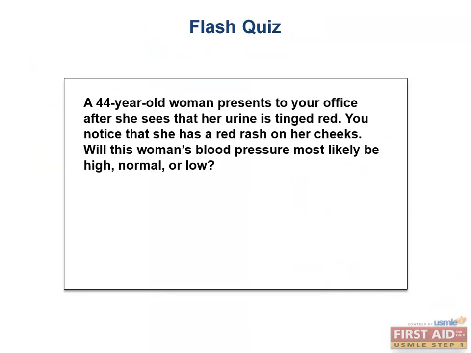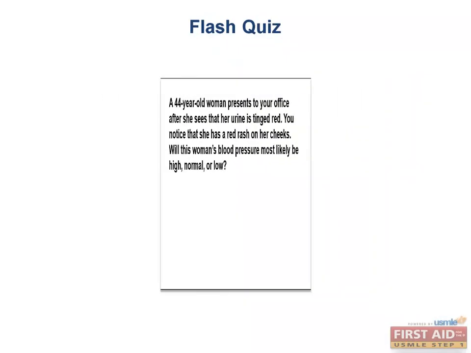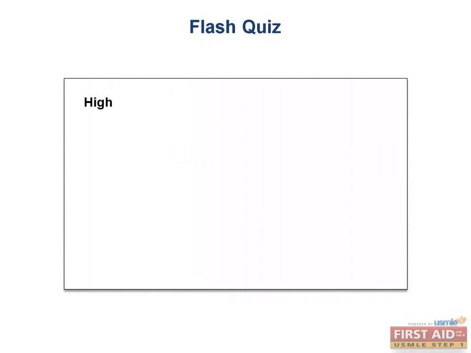A 44-year-old woman presents to your office after she sees that her urine is tinged red. You notice that she has a red rash on her cheeks. Will this woman's blood pressure most likely be high, normal, or low? If you said high, you're correct. In this case, the answer comes from knowing the difference between nephritic and nephrotic.